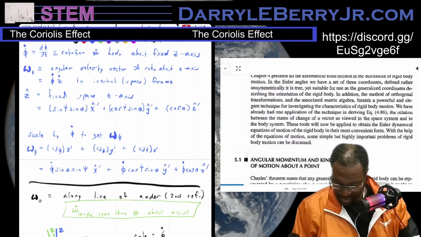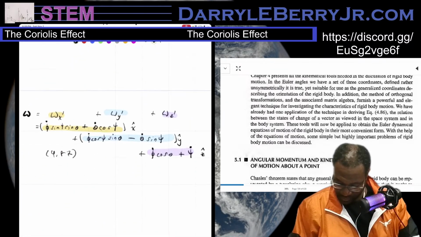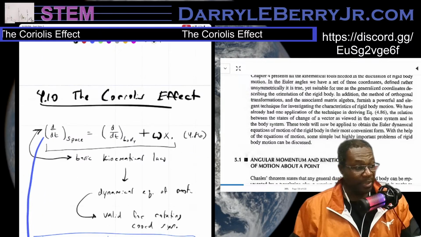I remember how we derived 4.86, but maybe we should just copy it down.